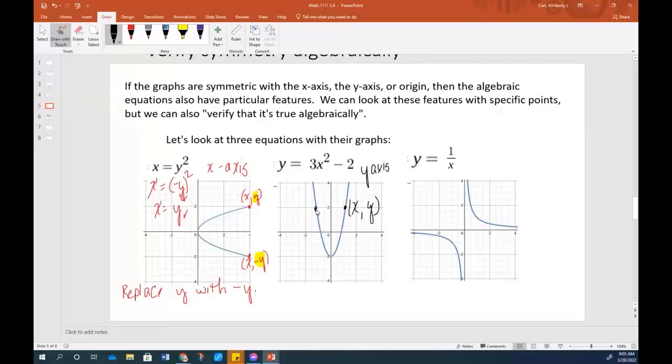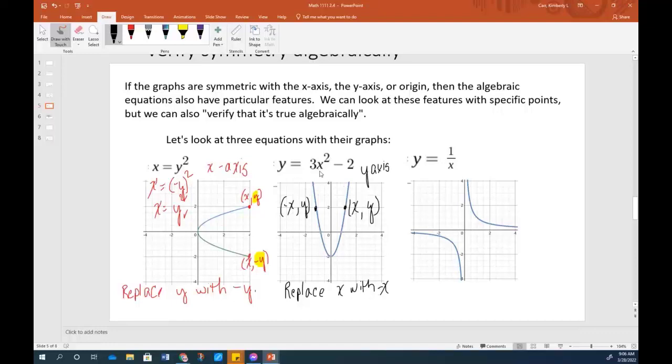But the point that it mirrors has a negative x value, but the exact same positive y value. So if it's got y-axis symmetry, you can replace x with its opposite, and you get the exact same value.